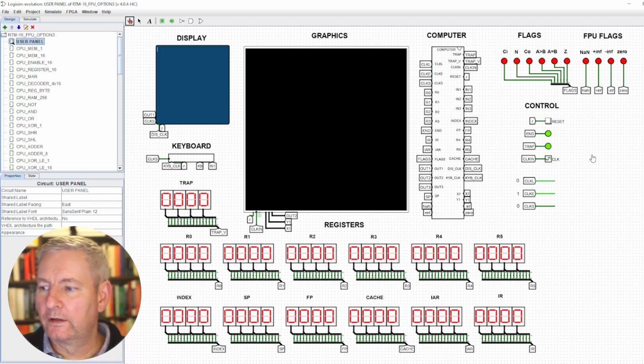One other thing is the instructions for the floating point. I think there are 20 different floating point instructions at the moment, and the reason we've got 20 is because we've got 5 different things that we can do: add, subtract, multiply, divide, and square root.